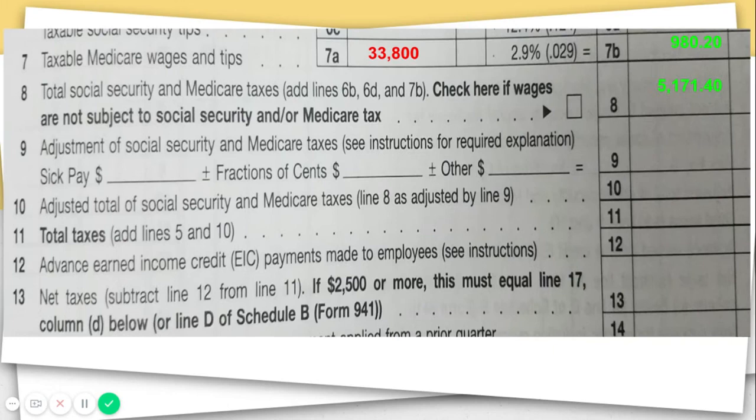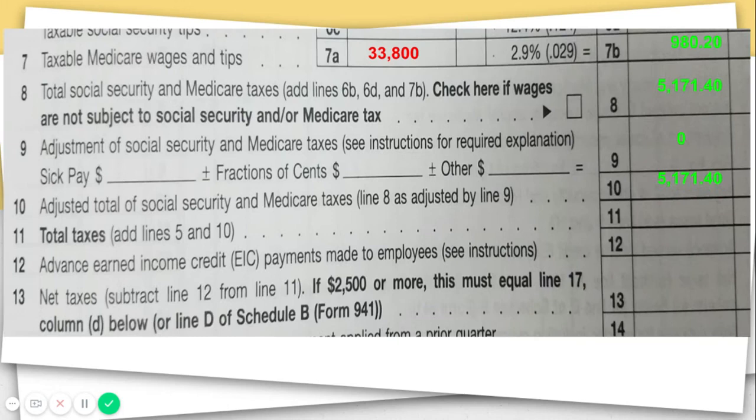We don't have any, so 0. Adjusted total of Social Security and Medicare taxes, line 8, as adjusted by line 9. So we're going to take our line 8 minus line 9 and get the $5,171.40.